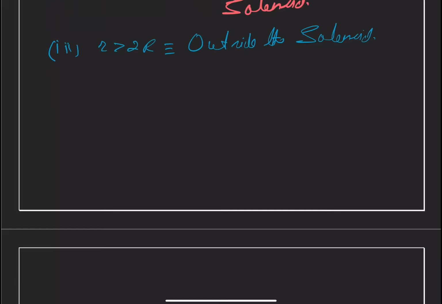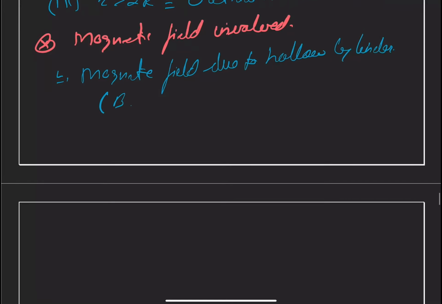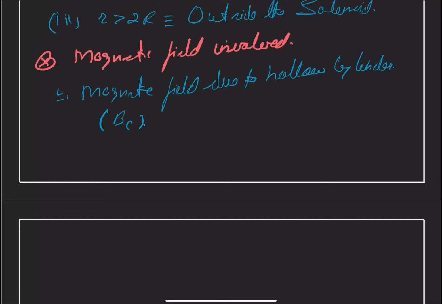So let us try to find out what will be the magnetic fields involved in these cases. Let us say the magnetic field due to the hollow cylinder, let us call that BC.